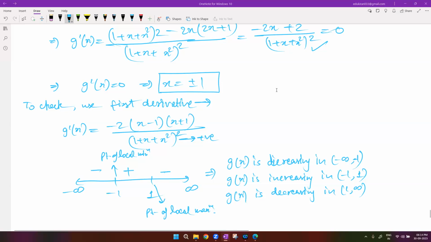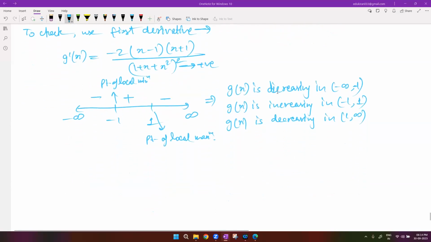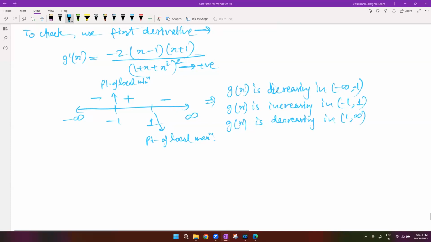But we need to find the minimum value, not the point of local maxima or local minima. So x equals 1 is a point of local minima for f(x).